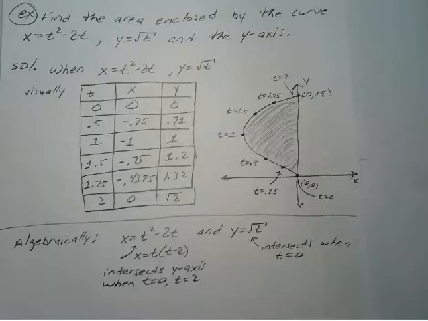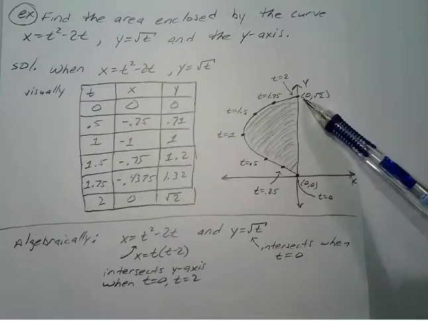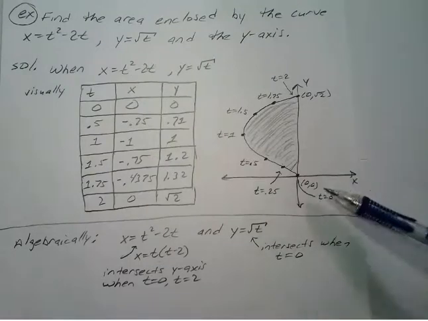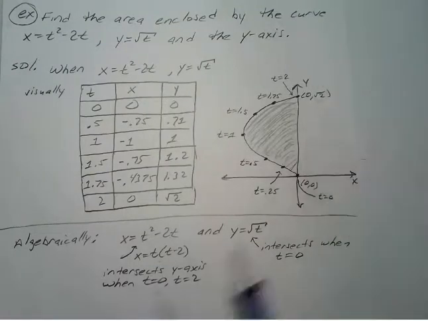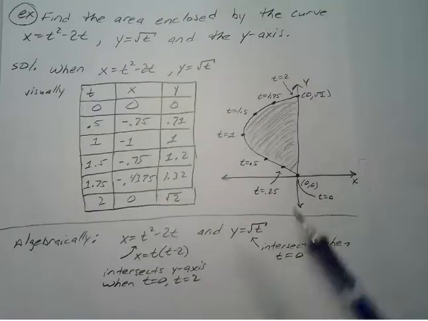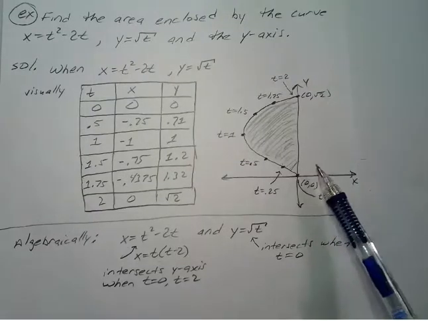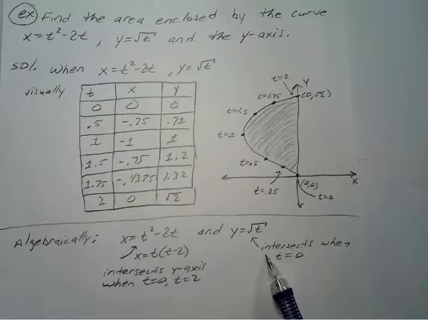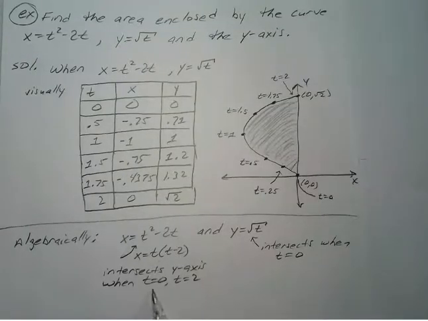So even if you didn't have the graph, you could have figured out that it was from t equals 0 to t equals 2 just by looking at it that way. The graph just gives you something to visualize, but this shows you how you could have figured that out without it. You still know that t is going to go from 0 to 2.